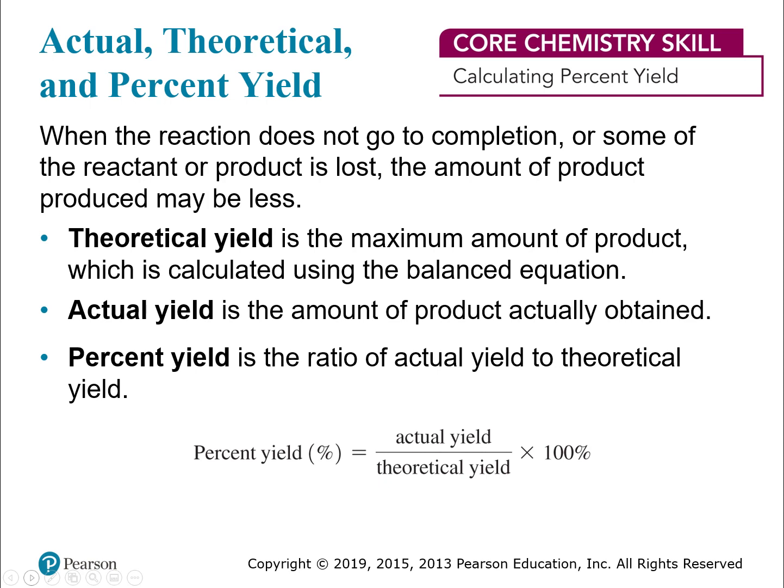The theoretical yield is the maximum amount of product that you can make. And that's what we've been calculating. So all these problems where we're doing the mass to mass, or moles to moles, that's the theoretical yield.